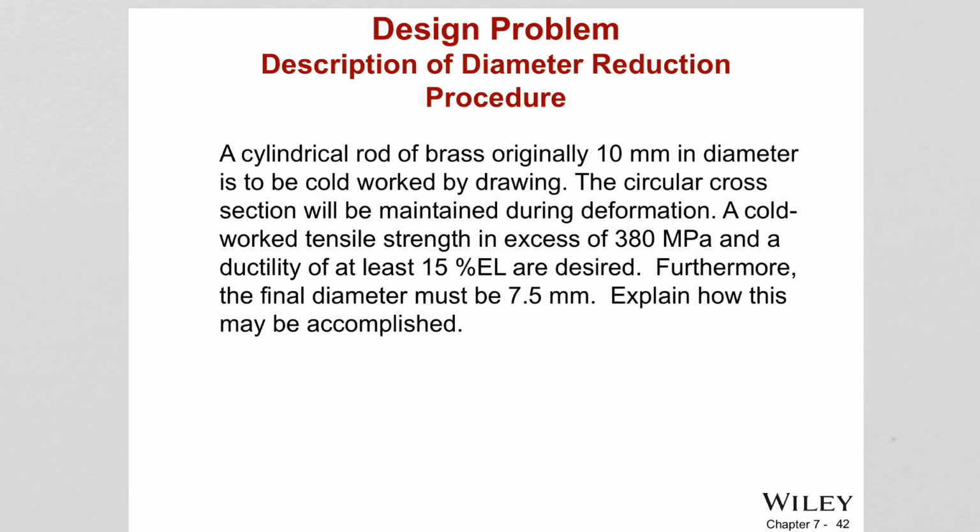A cold worked tensile strength in excess of 380 megapascal and a ductility of at least 15% are desired. Furthermore, the final diameter must be 7.5 millimeter. The circular cross section will be the same, but its size is going to change. Explain how this may be accomplished.